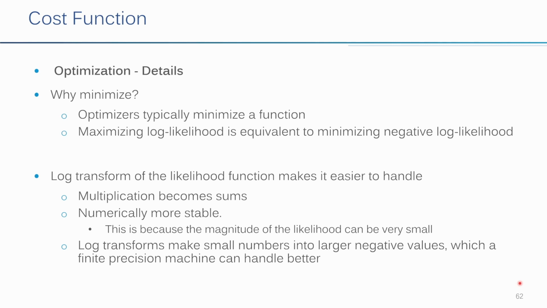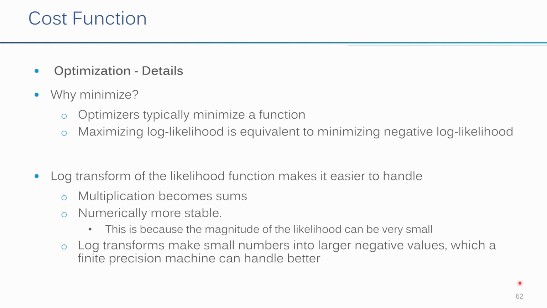On top of that, there are some transformations that make things easier to handle. For example, when you log transform this probability into a likelihood function, multiplication becomes a sum, and it's easier to deal with sums than multiplication.